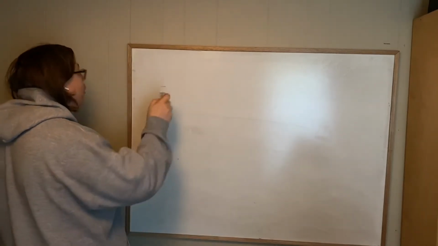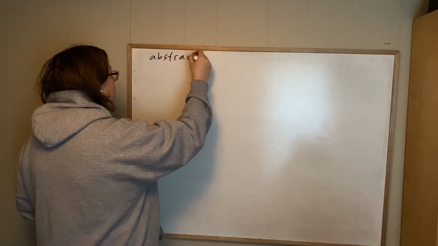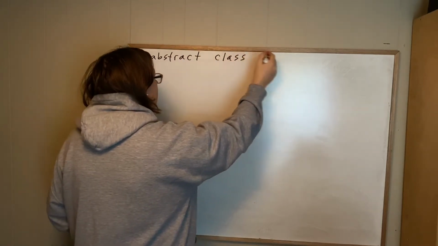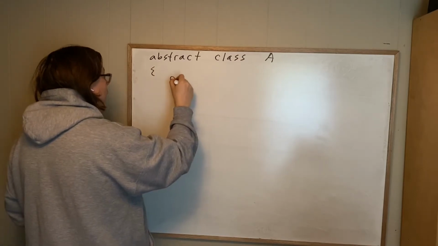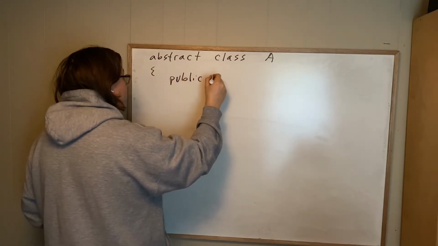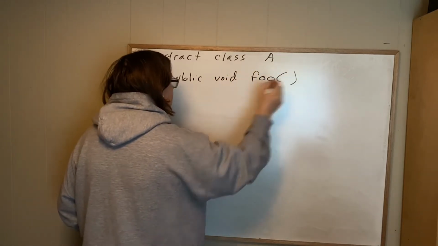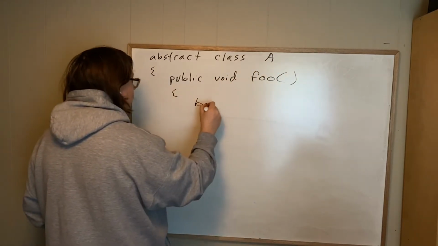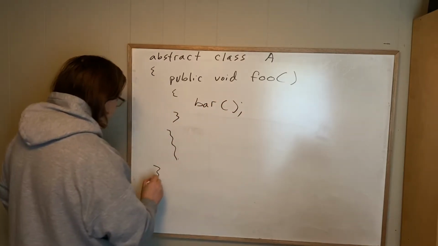So let's say we have an abstract class A. There's more code here.